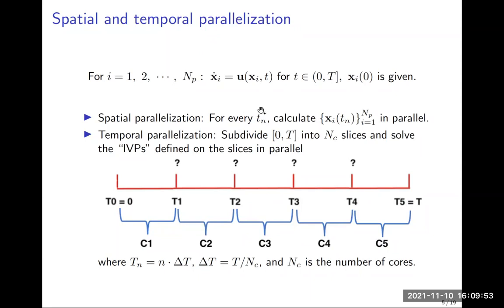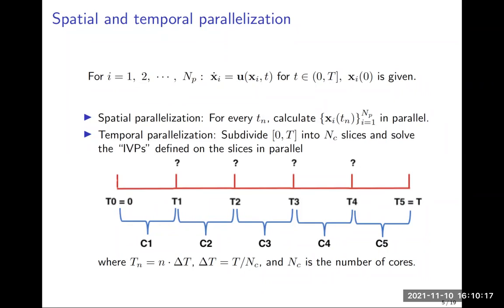At each time step, you calculate the position of these particles in parallel. Okay, so you assign a number of particles to a certain processor, and then after this time step is completed, you move on to the next time step. So I would say this is the more commonly used method.